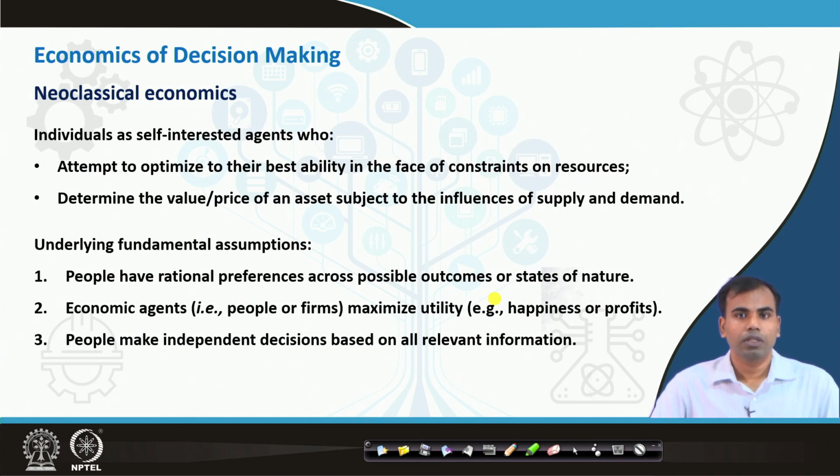Now, this basic framework of neoclassical utility theory is based upon three major assumptions. These assumptions are as follows. The first assumption suggests that individuals as economic agents have rational preferences.